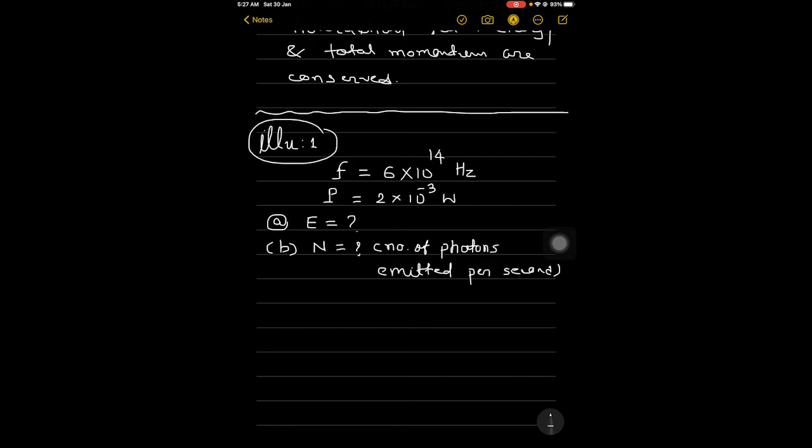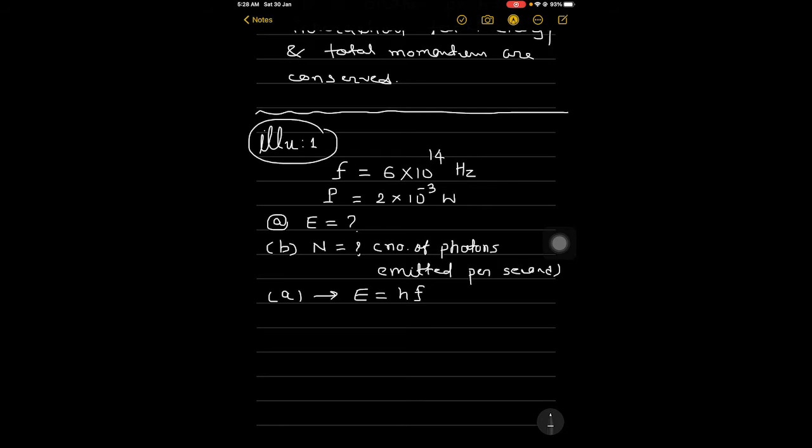To understand this question, we go with the condition that each photon has an energy E equal to hf. So for answer 1 we write E equals hf. Now h is the well-known Planck constant, which can be taken as 6.63 into 10 to the power minus 34 joule second.